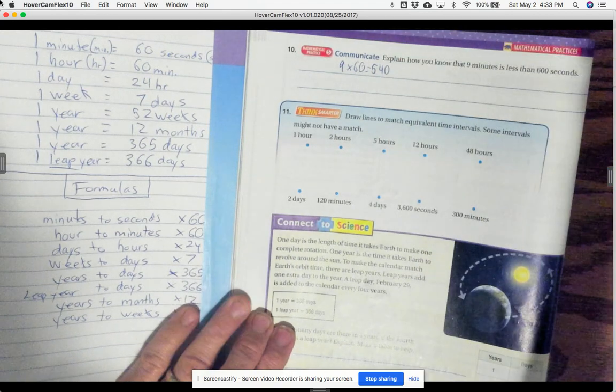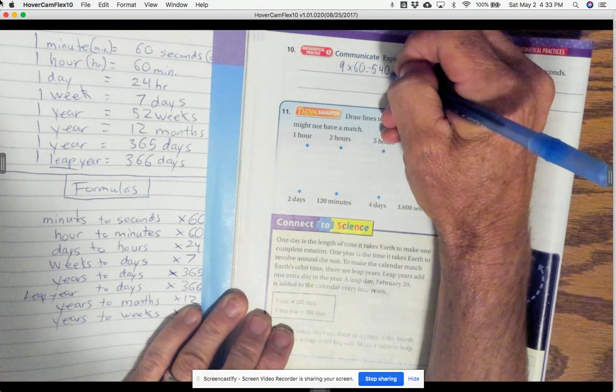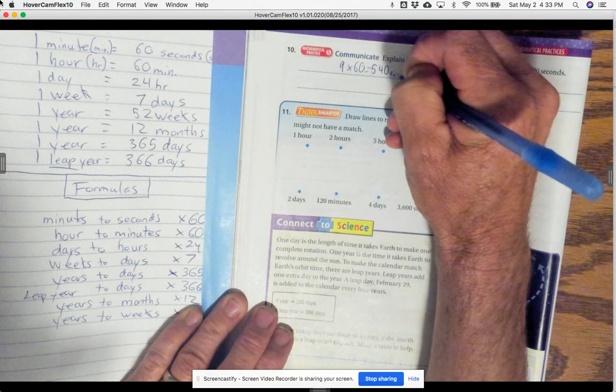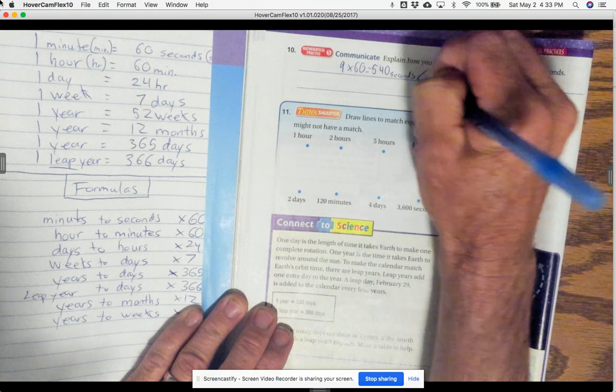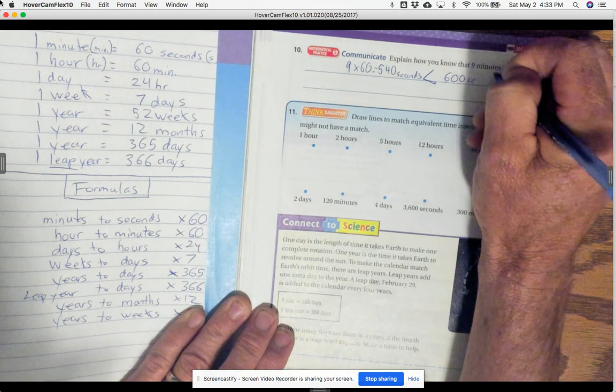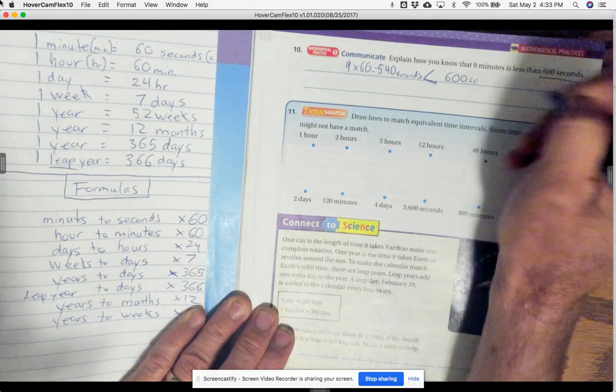So 9 minutes is equivalent to 540 seconds, which is less than the 600 seconds that they're comparing it to up here.